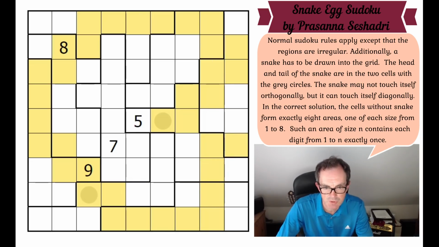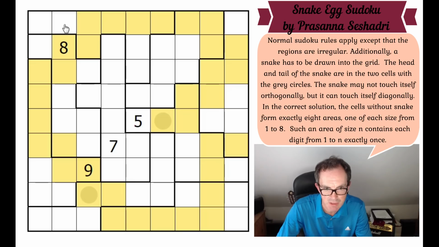So you can see I've drawn a snake in the grid. It doesn't obey any of the rules, but the areas that do not have snake in them are of different sizes. We've got a 3-cell white region here, a 1-cell white region here, a 6-cell white region here. Now what would have to happen in the correct solution is this 6-cell region would have to contain the digits from 1 to 6.